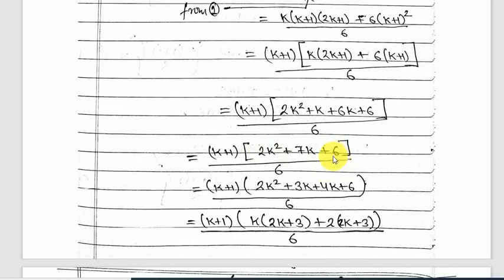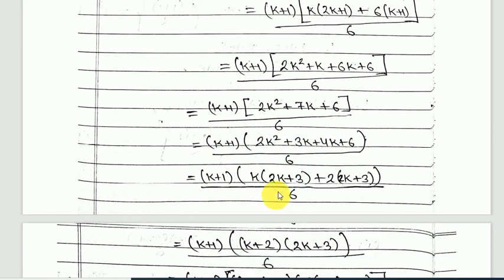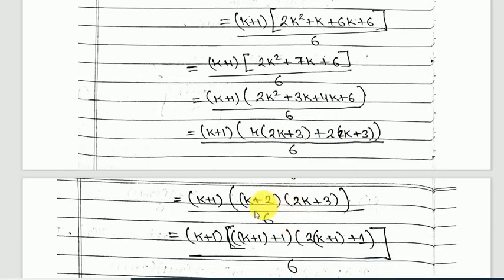Think of two numbers whose product is 12 and sum is 7, and those numbers are plus 3 and plus 4. So 2k square plus 3k plus 4k plus 6. Now factorize it: k will be common, so you get k(2k plus 3) plus 2(2k plus 3). Then you get (k plus 2)(2k plus 3).